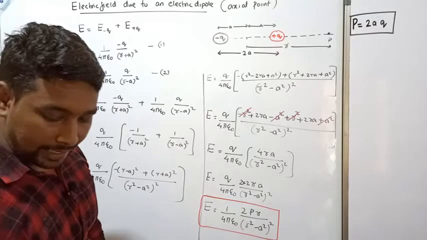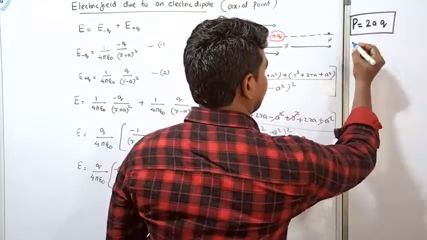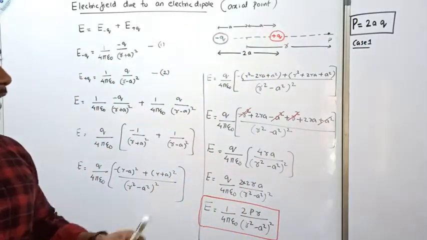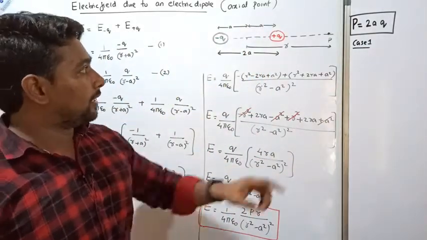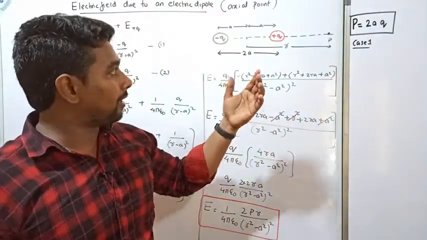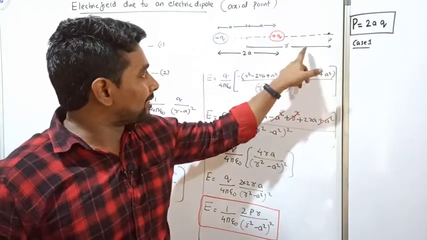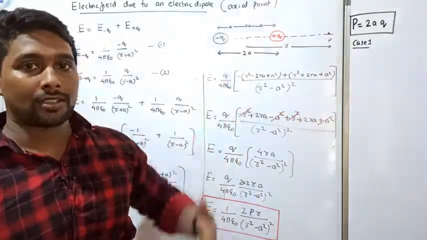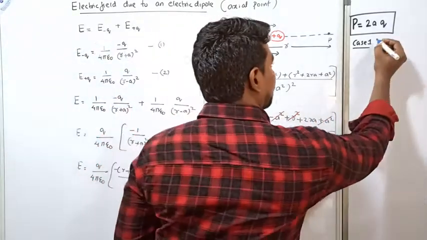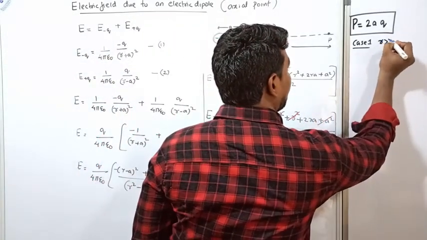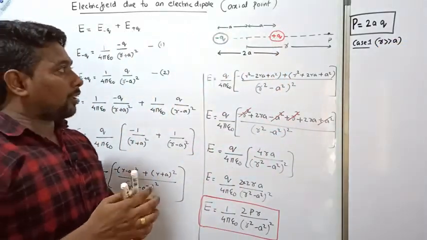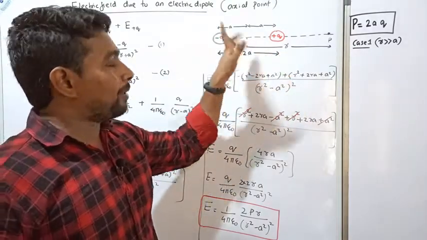Let's consider case 1. What happens when this point is very, very far, that is, this distance r is very much larger than this distance 2a? Case 1: we consider r very much greater than a. Very much greater than a means that while considering r, a can be negligible.